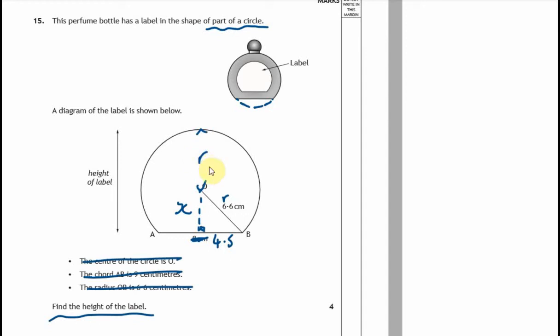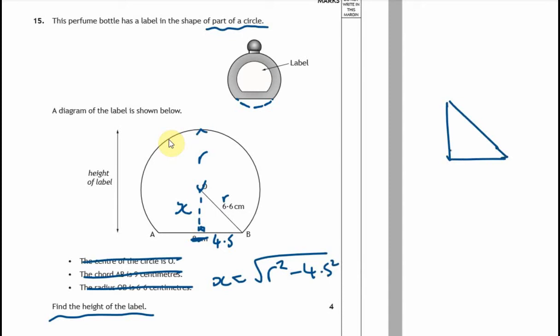So let's see, what is x then? Well, it's Pythagoras. We're trying to work out a shorter side, so it's going to be Pythagoras take away. So it's the square root of r squared minus 4.5 squared. Just a quick reminder, if we've got a right angle triangle, the longest side is always opposite the 90 degrees. That's the hypotenuse. Let's call the hypotenuse c. a squared plus b squared always gives you c squared.